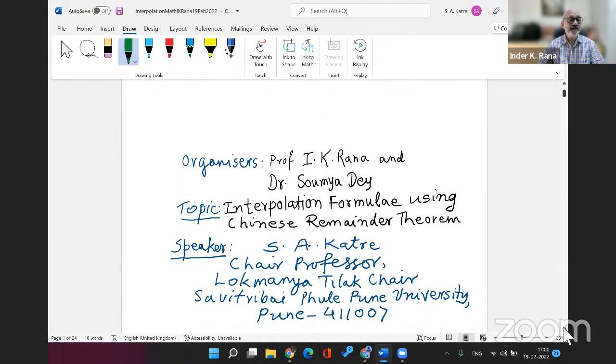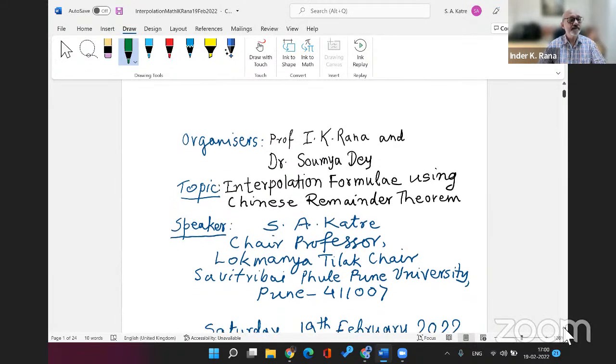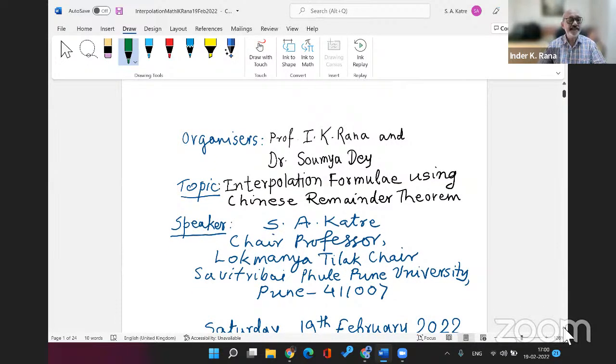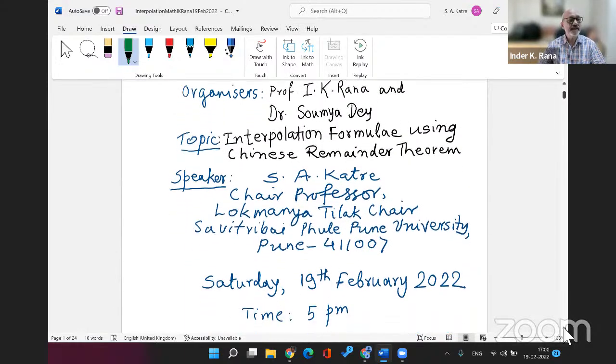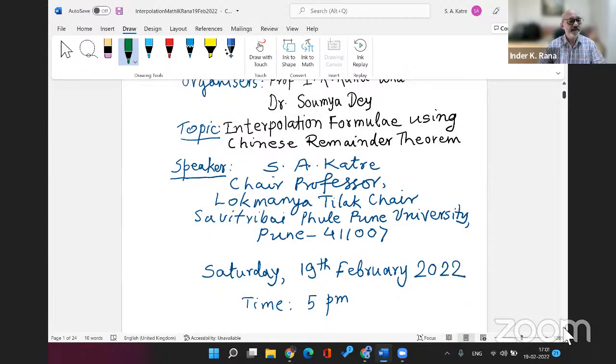He joined SP Pune University Mathematics Department in 1988, and till his retirement he was there. From 2012 to 2015, he was also the head of the department in the university.